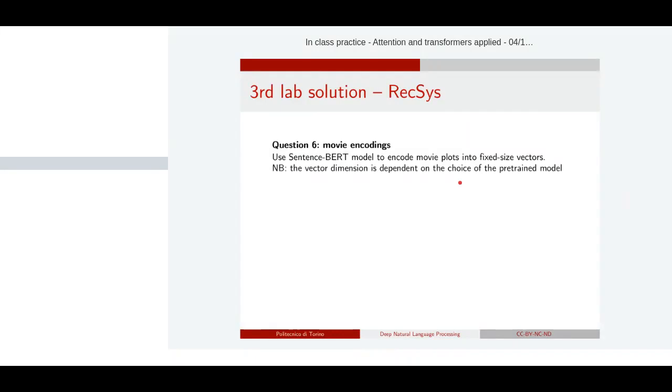The idea here is to use, again, Sentence-BERT to encode movie plots into fixed-size vectors, and then we use this information to query by giving the name of a movie that I have seen.